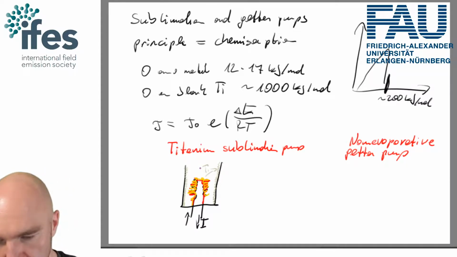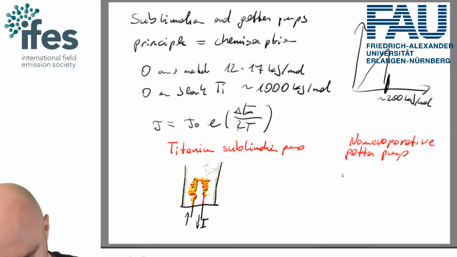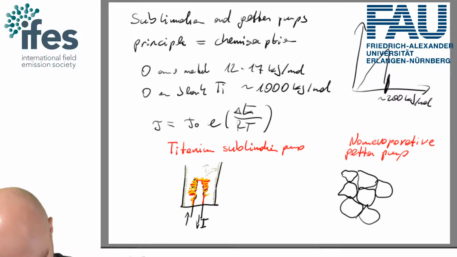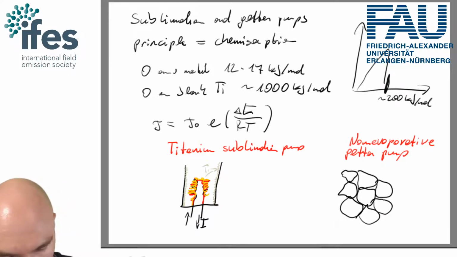Okay, so you get some titanium sublimation here. And non-evaporative getter pumps work a little bit differently. With a non-evaporative getter pump, what you have is some kind of sintered metal. If you heat titanium to a high enough temperature, it will dissolve its own surface oxide.